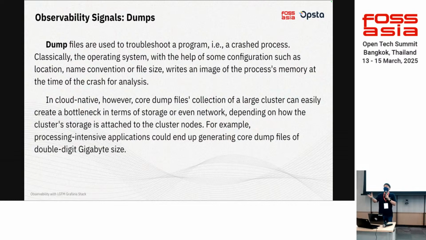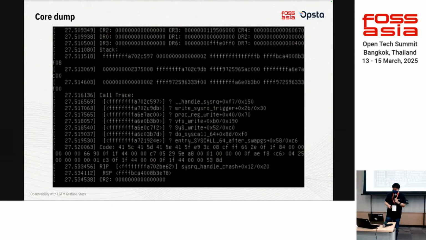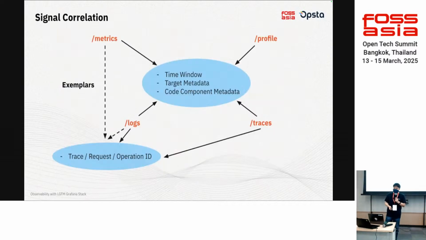If you're familiar with Linux, when you have a kernel panic or something, you get a dump, right? One action may consume maybe 10 gigabytes. The dump gets everything from the system. So this is another observability signal that may become one of the crucial parts later.